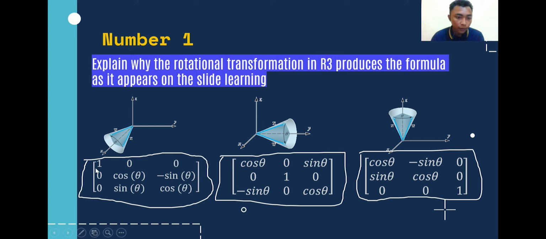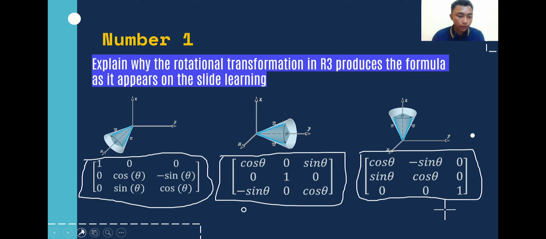So the formula will be like this: 1 0 0, and in the bottom 1 is 0 0, and the coordinates will be changed in the y-axis and z-axis, because this is a rotation. This makes a circle. So for example, the coordinate starts at this point. If we rotate like this, you can see the coordinates y and z will be changed, but the x will still be the same.